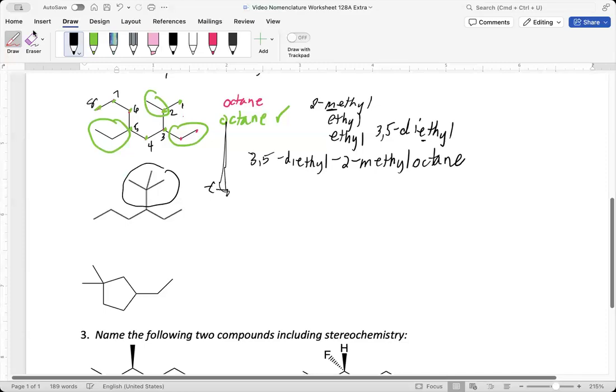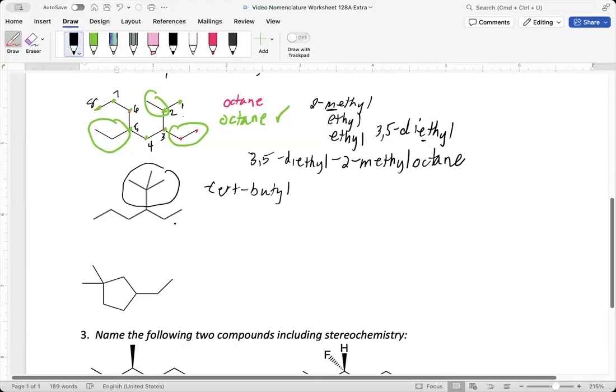Let me erase that. Sometimes my trackpad goes crazy here. Okay, remember we need to memorize tert butyl, sec butyl, and isopropyl. So this is tert butyl.